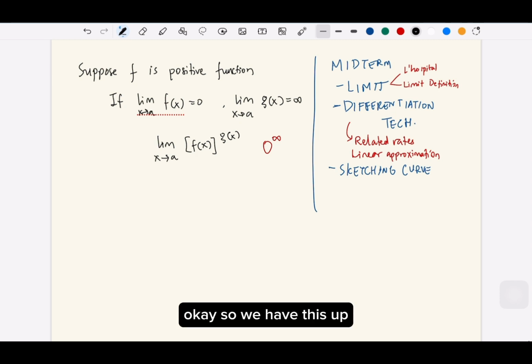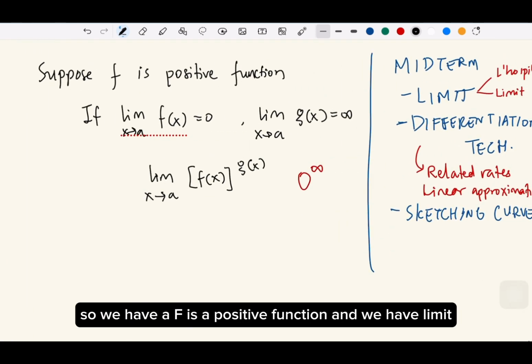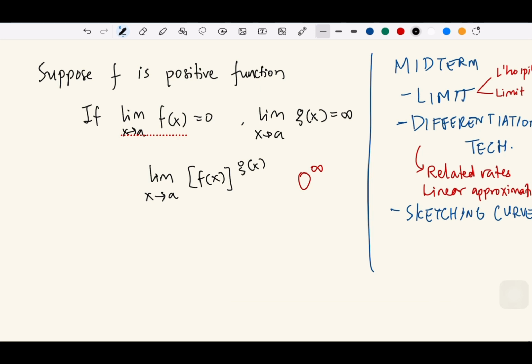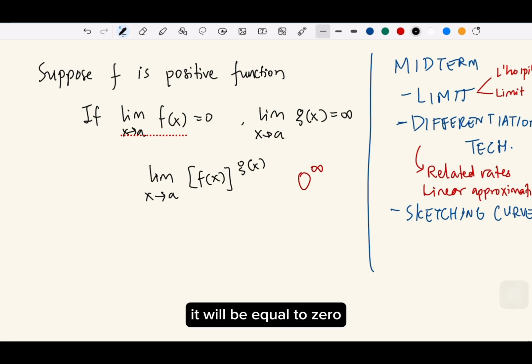Okay, so we have these conditions. We have f is a positive function, and we have the limit when x approaching a of the function f of x is equal to 0.